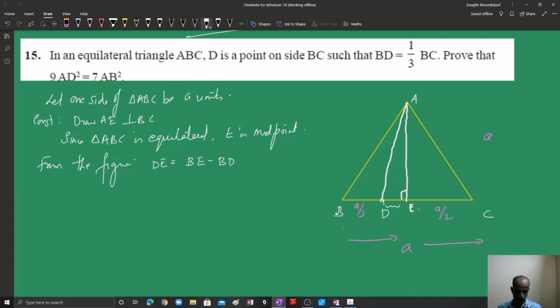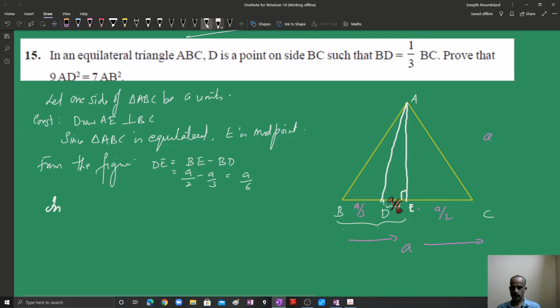From BE, I have to remove this part. What is that? This is A by 2. E is the midpoint. So A by 2 minus A by 3. That will be equal to A by 6. So this part DE is equal to A by 6. This is better. A by 6.